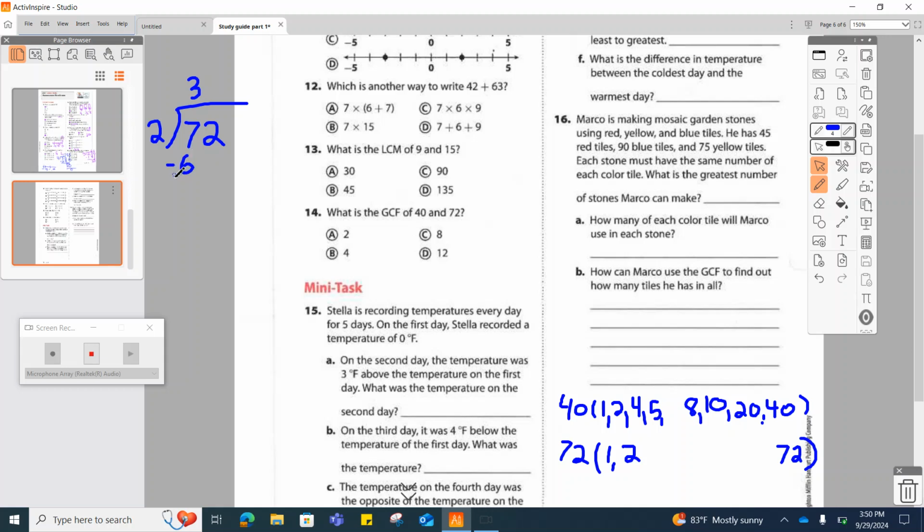Next step, bring down the 2. Well, that should be a 2. 2 goes into 12 6 times. 6 times 2 is 12. We have 0 and nothing else to bring down. So over here in factor pairs.